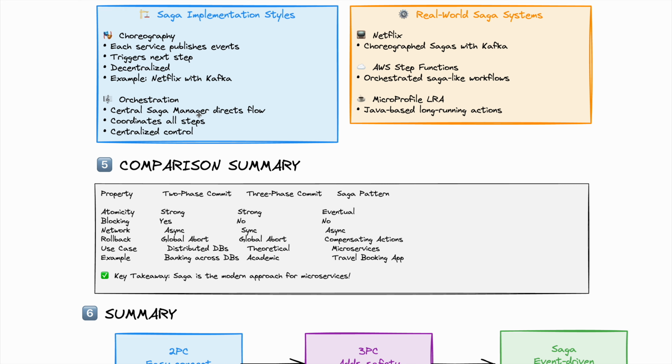A central saga manager directs the flow and coordinates all the steps. It's centralized control. Real world examples would be choreographed sagas with Kafka, AWS Step Functions, and orchestrated saga-like workflows. And also we have MicroProfile LRA, Java-based long-running actions.